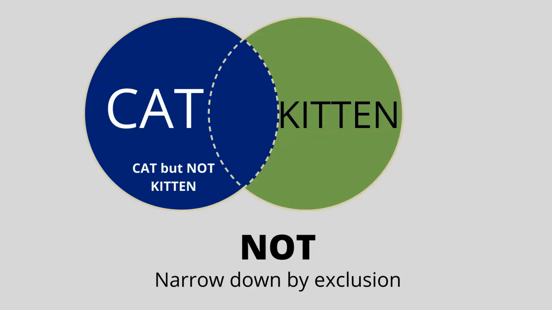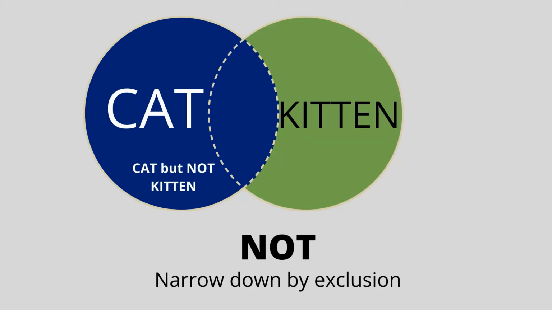So this is used in a lot of instances when you know that there's also a word, or a concept or a phrase, that's going to come up in your search and you don't want it. So for instance, if you are running a search on cats, but you know a lot of times when you look at cat results, you're also going to get kitten results, but you don't want to see the kitten results.